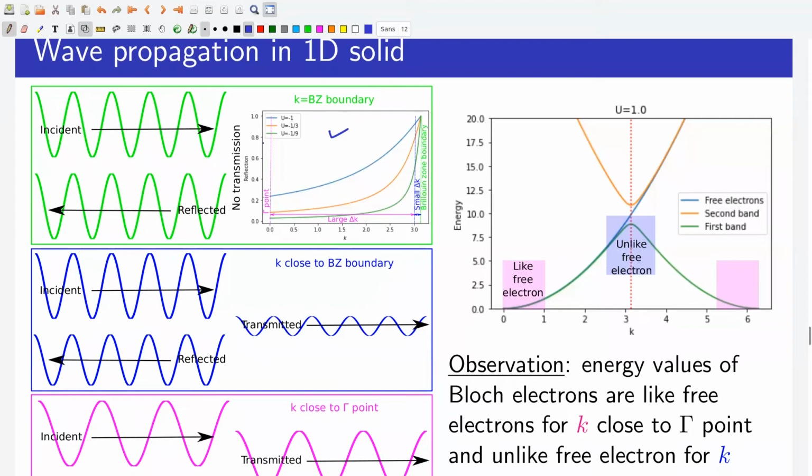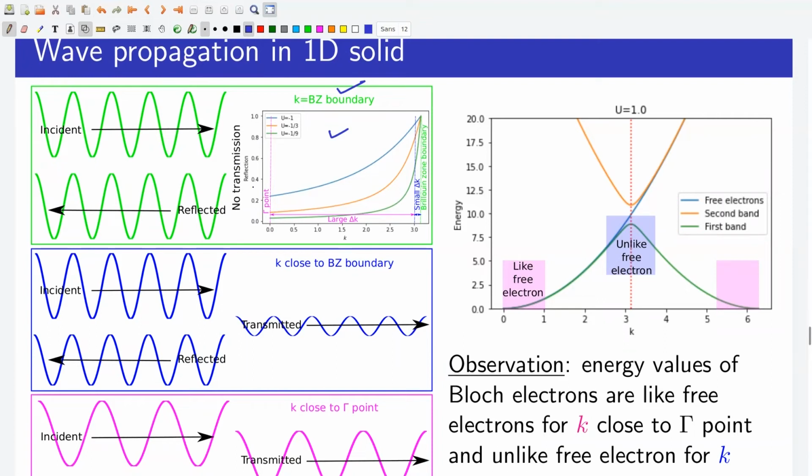If the Bloch electron has a wave vector equal to the first Brillouin zone boundary, it cannot propagate inside the crystal. This is true irrespective of the value of U. It does not matter whether U is small or large. Bloch electrons with wave vector equal to the first Brillouin zone boundary get reflected 100% due to the periodic potential.